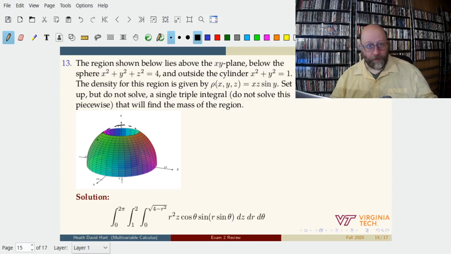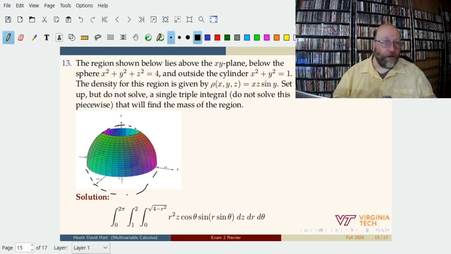It's part of a sphere. And outside the cylinder, which is here, of radius 1. So the radius of the cylinder is 1, but the radius of the sphere is 2. All right. Set up a triple integral to find the mass of the region.